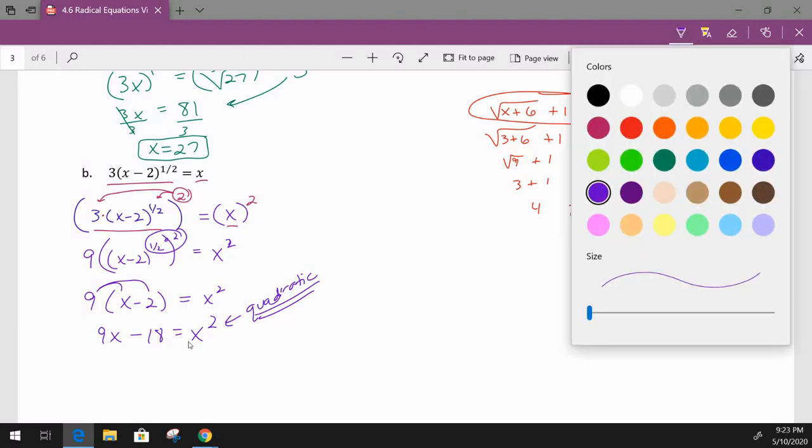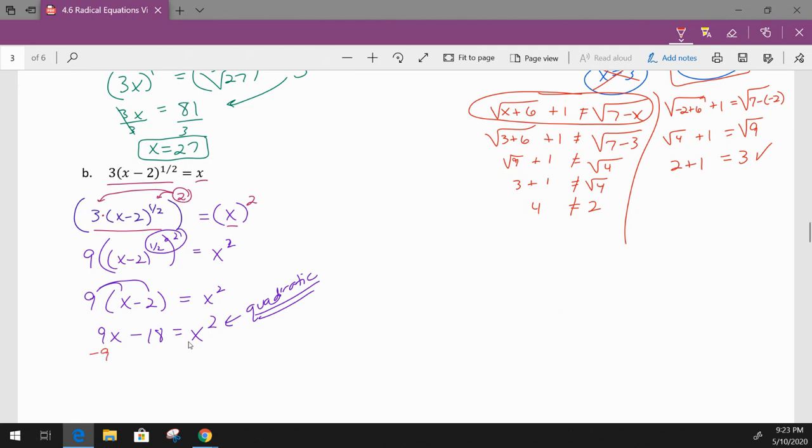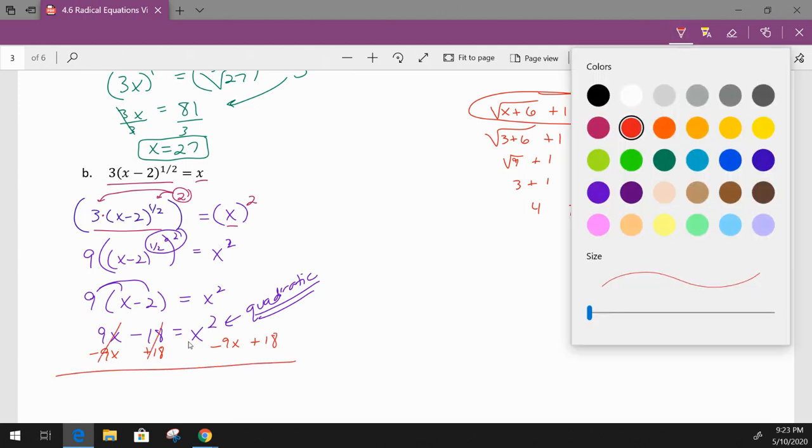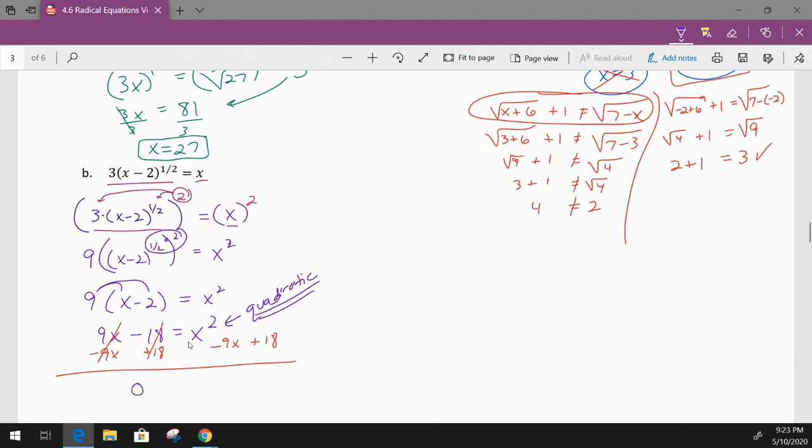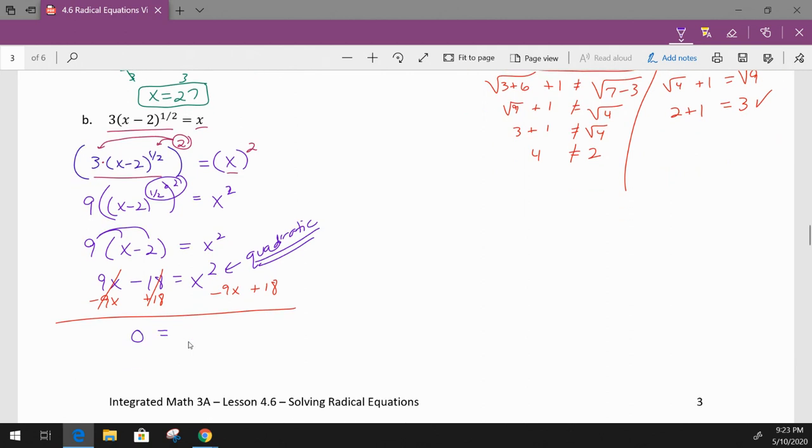So I'm going to leave the x squared on the right. I'm going to subtract 9x and add 18. So that those terms are eliminated from the left side, and I now have 0 equals x squared minus 9x plus 18. We now need to factor this, which will factor into x minus 3 and x minus 6.